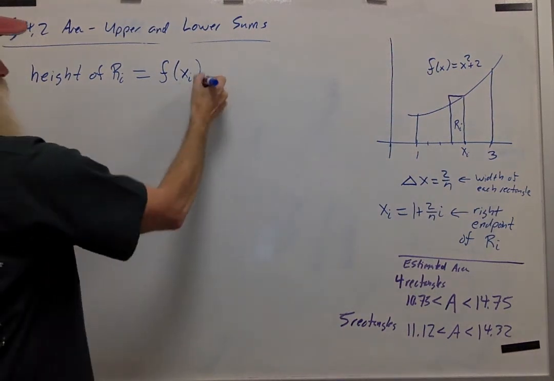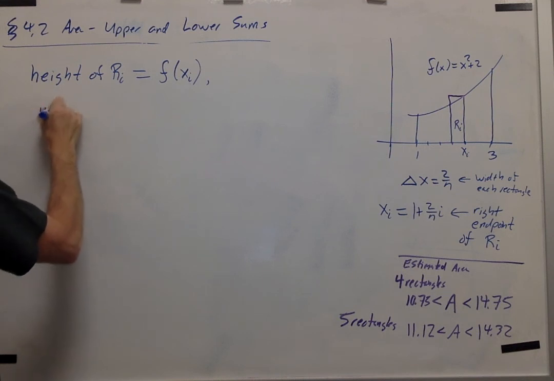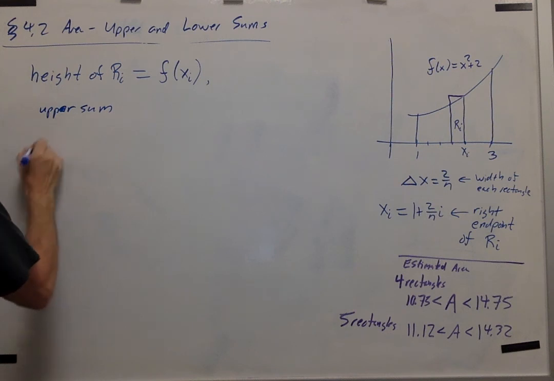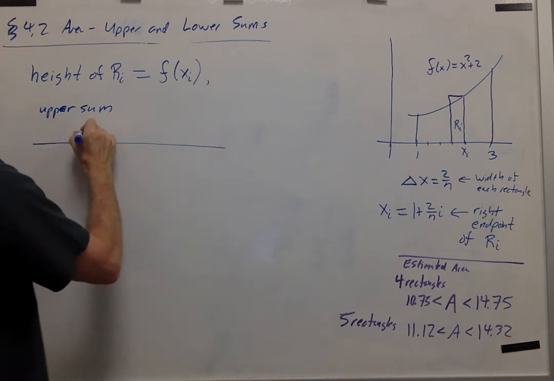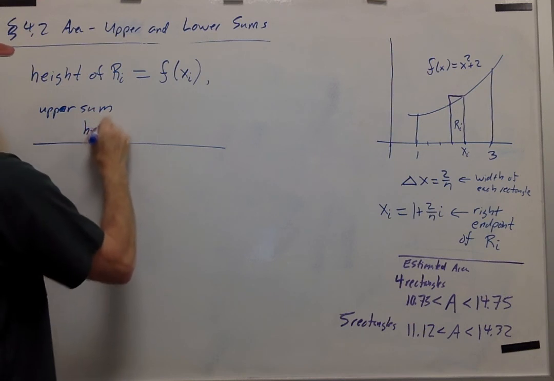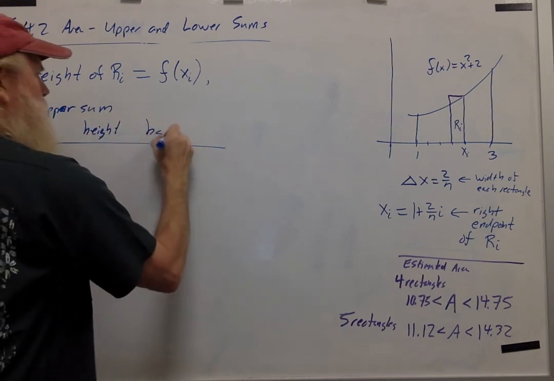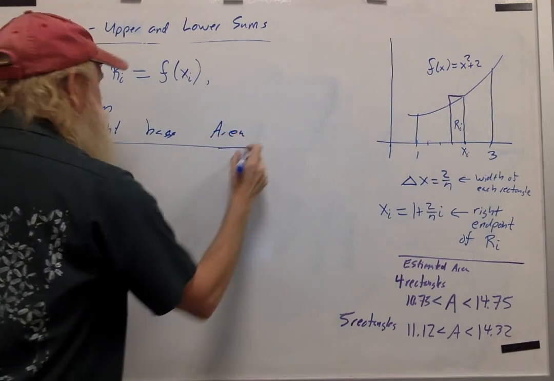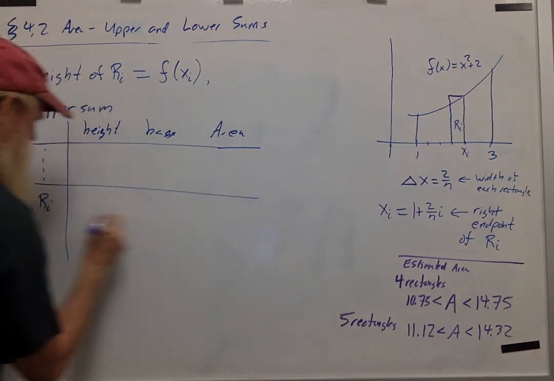So to preview what we're going to be doing next, if we were to have this table for upper sums, then across the top we would have height, base, and area. Eventually we would be down to rectangle R sub i.